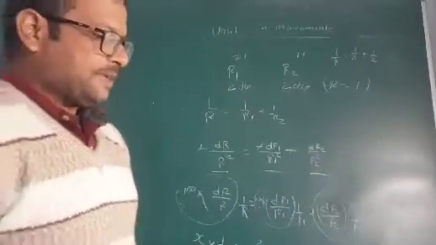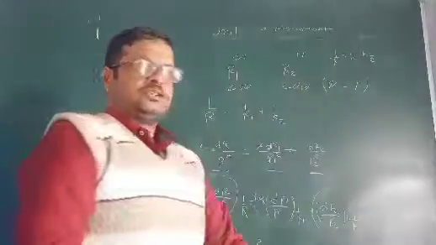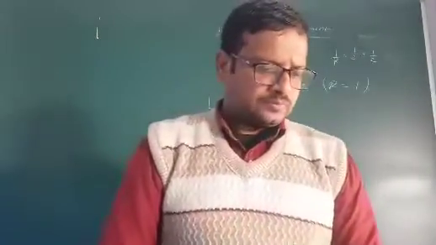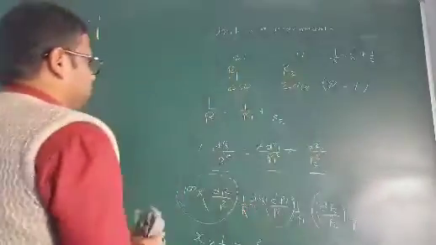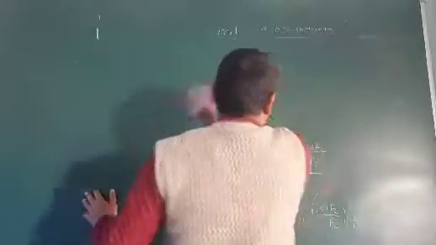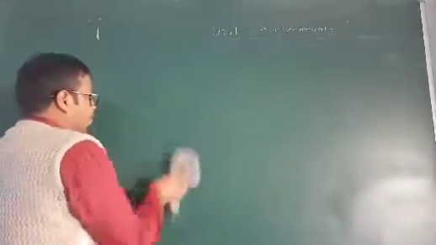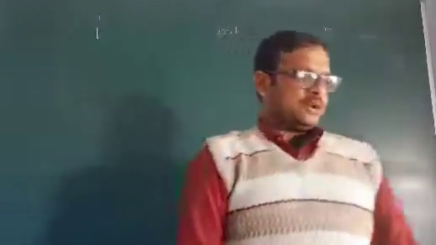Okay, very simple. Now we will discuss something new. We are going to discuss what a significant figure is. There are basic laws of significant figures. Let's discuss that. Now you can very easily find out the significant figures.